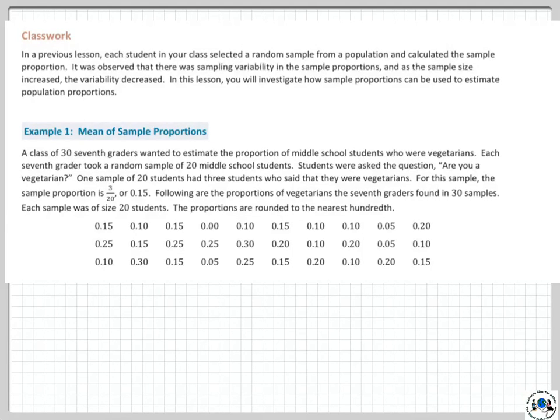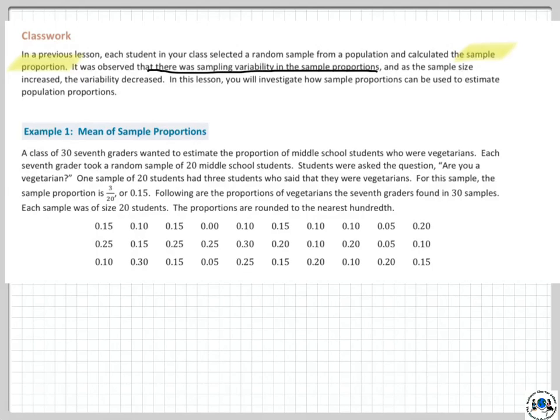In a previous lesson, lesson 19, we looked at random samples from a population and calculated the sample proportion. It was observed that there was sampling variability in the sample proportions, as noted on the dot plots and distributions.